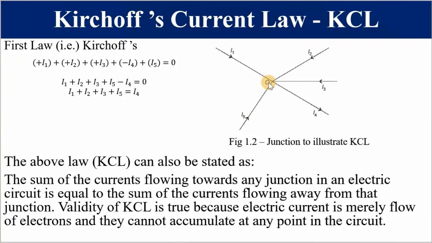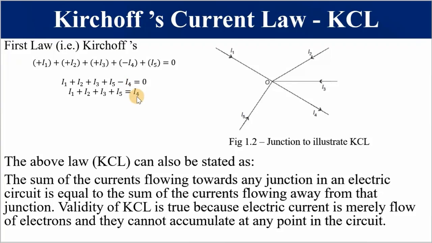So we want to use this to define Kirchhoff's current law, and we can say we are using the algebraic sum, and we are saying those currents that are flowing towards the point 0 have got a positive sign as shown, and the current I4 which is flowing away from point 0 is with a negative sign, right? We can simplify further, and we are going to have I1 plus I2 plus I3 plus I5 minus I4 gives us 0. And if I4 crosses the equal sign, it is going to assume a positive sign.